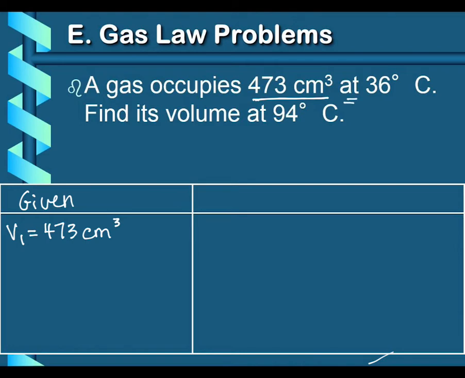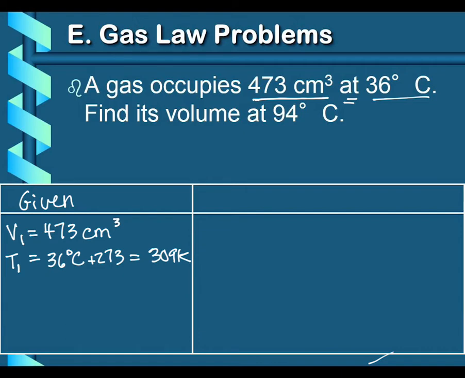That volume is at 36 degrees Celsius, which is the first temperature I'm given. They go together, so they both get a 1. 36 degrees Celsius, I know I have to add 273 to that to get it to Kelvin. And when you add 273 to 36 degrees Celsius, you get 309 Kelvin.